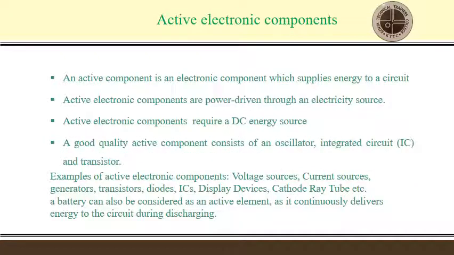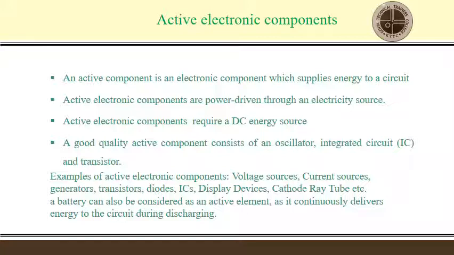All basic electronic components are divided into two major groups: active electronic components and passive electronic components. Active electronic components supply energy to a circuit. They are power driven through an electric source, and that source is usually a DC energy source. A good quality active electronic component should consist of an oscillator, an IC, that is an integrated circuit, and a transistor.